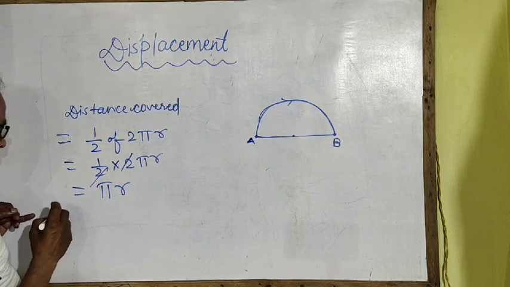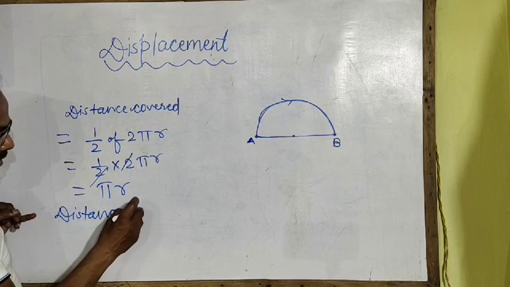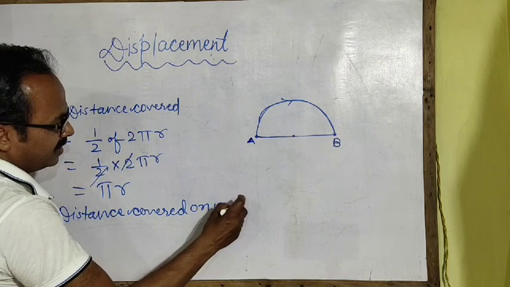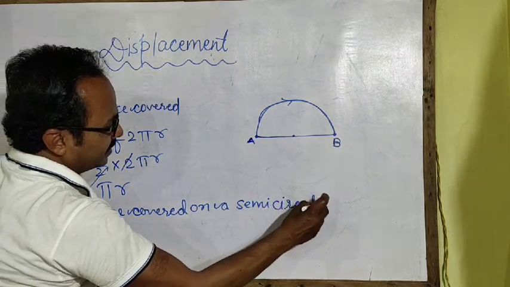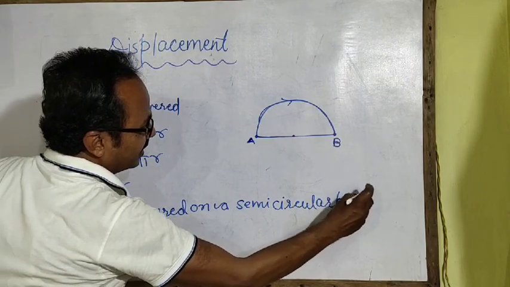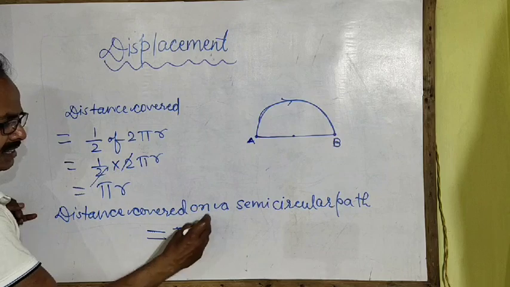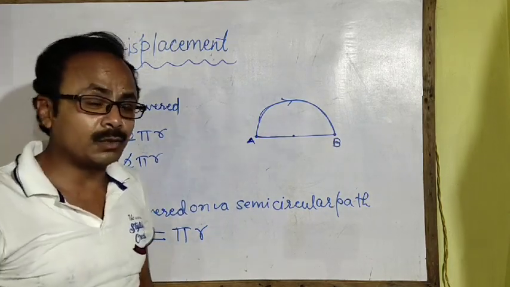So this is the distance covered on a semicircular path, equals pi r.